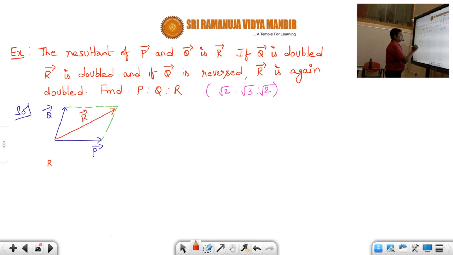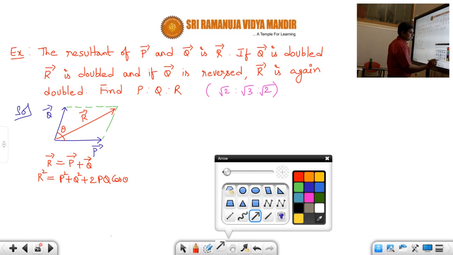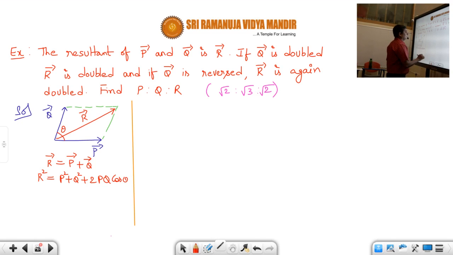So here they told that R bar is equal to P bar plus Q bar. I hope we have the standard equation R square equals P square plus Q square plus 2PQ cos theta, where theta is the angle between the two vectors P and Q. So this is the first situation, students, according to the given data.